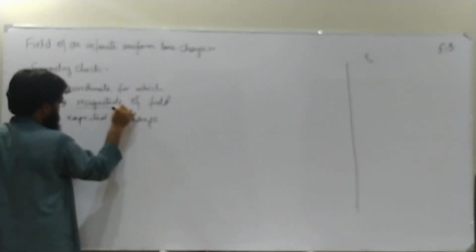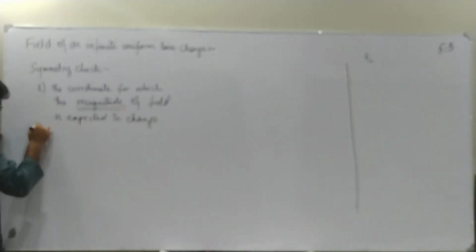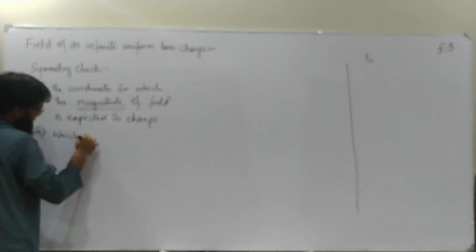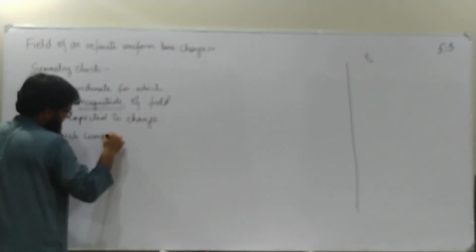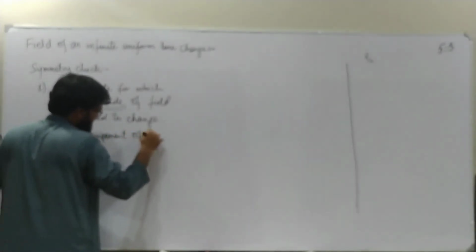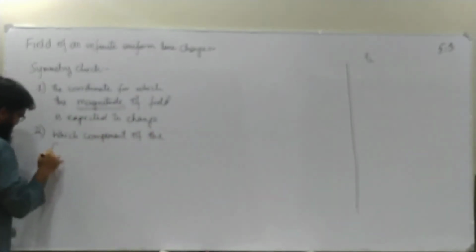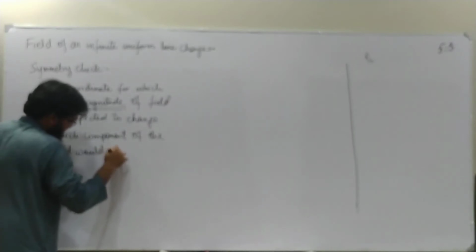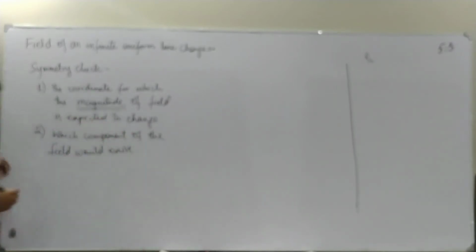Okay, so magnitude is important. Number two, which components of the field would exist? Seems difficult. Let me explain it.